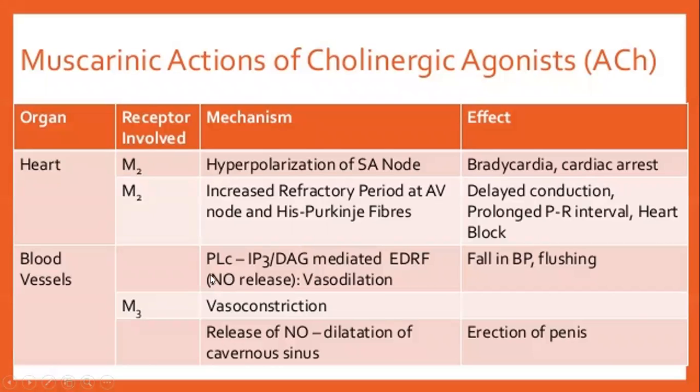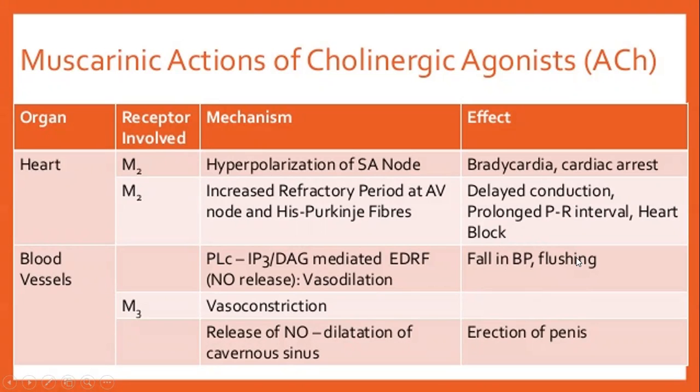This nitric oxide causes the relaxation effect in blood vessels. So there is relaxation of blood vessels because of this factor, the endothelial relaxing factor. R means relaxing. Then the effect is that BP will fall, and flushing.